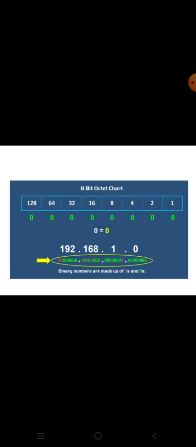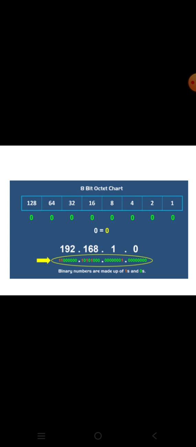That is, 8 ones first, then 8 ones, then 8 ones. So three 8s are 24. So 24 bits are allocated for the network portion and 8 bits for the host portion. The 255, 255, 255, all ones, denote the network portion.